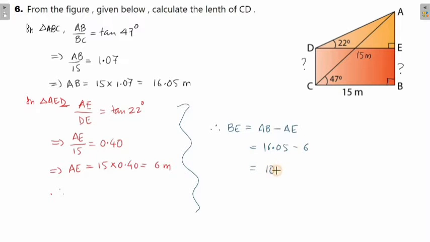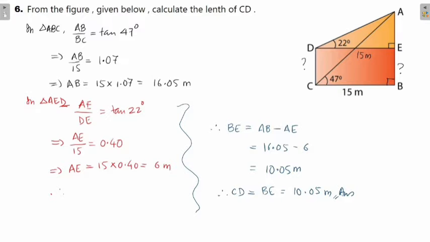Your answer turns out to be 10.05 meter. So this is your BE, but you are asked to find CD, remember. So therefore your CD will be equal to BE, which is 10.05 meter. So this will be your answer for this case. You may pause the video and note down your solution.